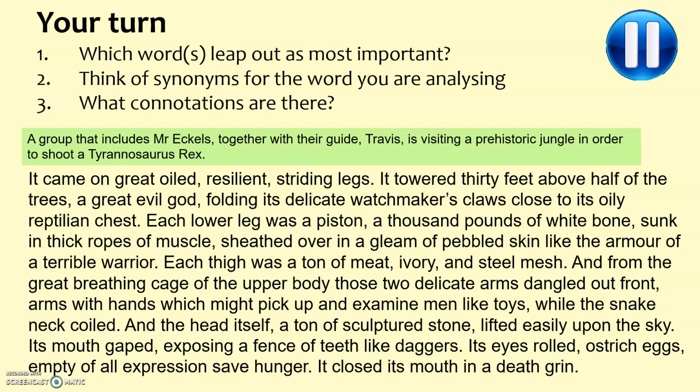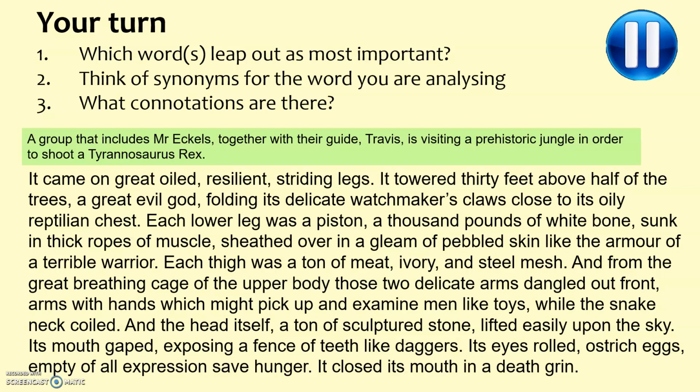Each thigh was a ton of meat, ivory and steel mesh, and from out the great breathing cage of the upper body, those two delicate arms dangled out front, arms with hands which might pick up and examine men like toys, while the snake neck coiled. And the head itself, a ton of sculptured stone, lifted easily upon the sky.